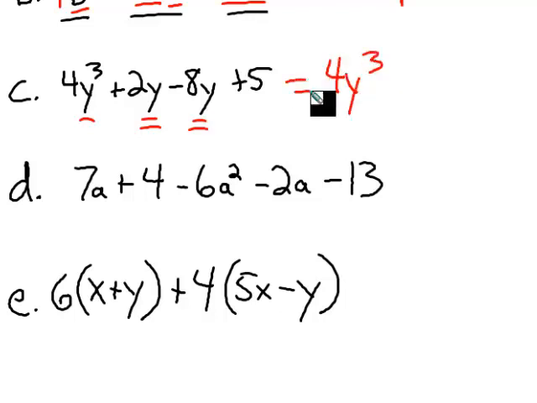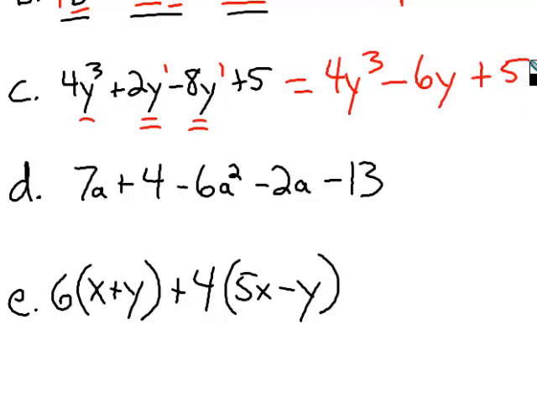Then the power on these y's is 1, so I usually like to go to the variable still. I have 2 yo-yos take away 8 yo-yos, which is really -6 yo-yos, so -6y. And then I just have that constant term 5. I have no other constant term, so I'm just going to write +5.